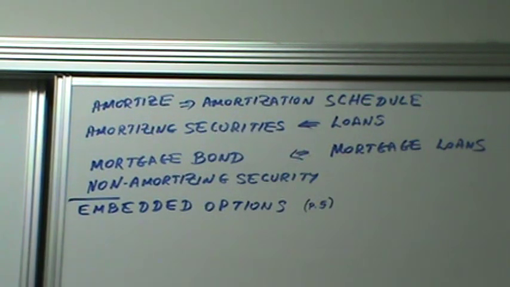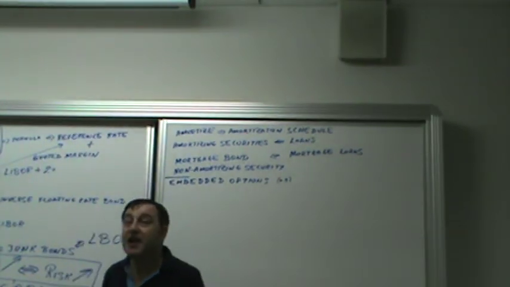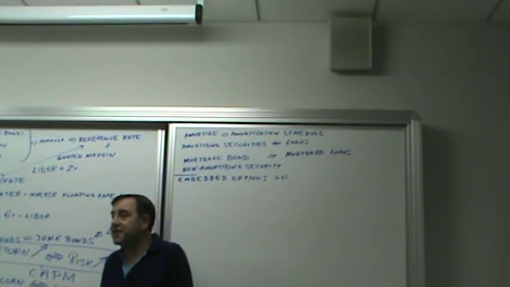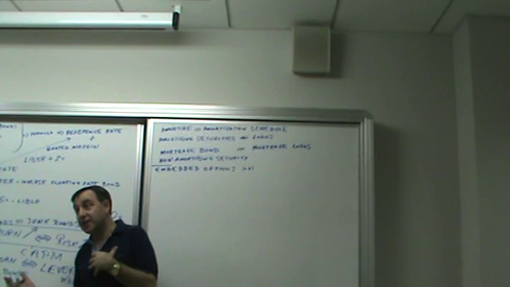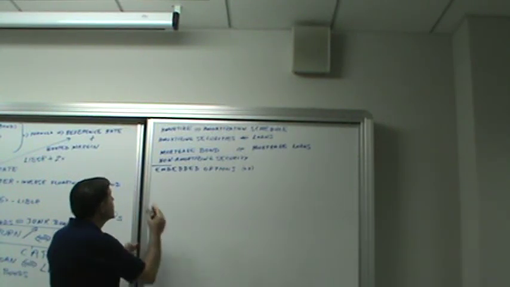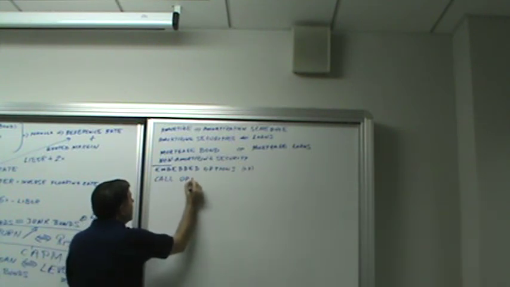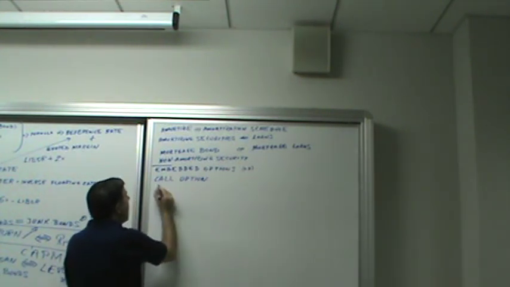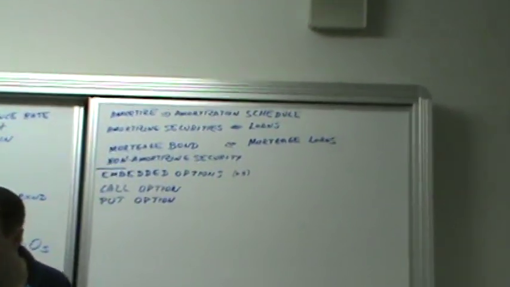So, an embedded option basically provides the right either to the issuer or to the lender to do something. So, options usually come in the type of call options and put options.